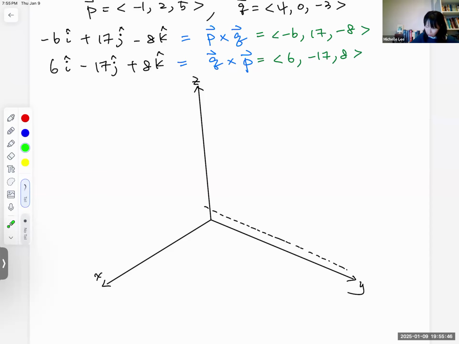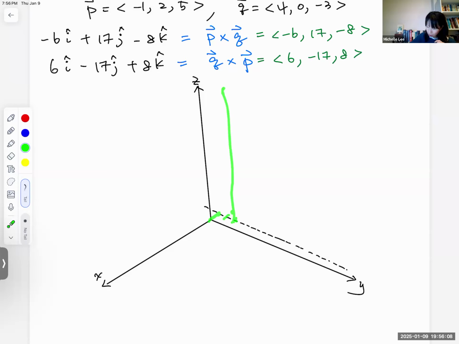So -1, 2. And then 5. How do you draw the 5? From here, parallel with Z, right?